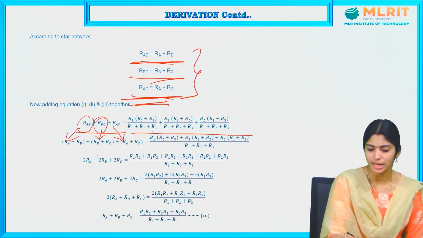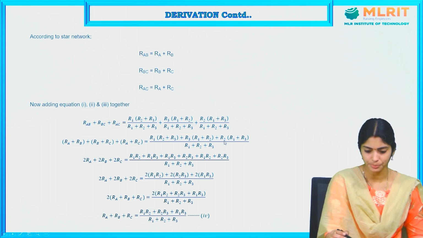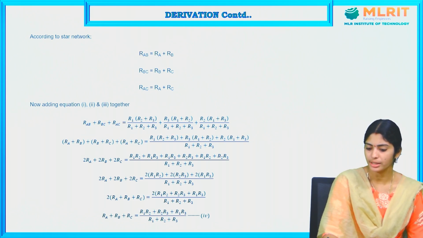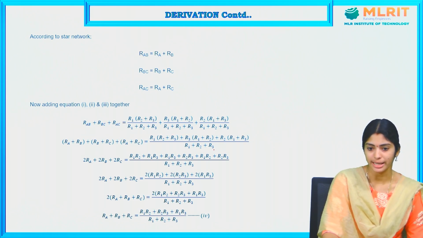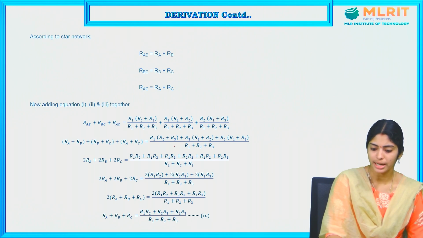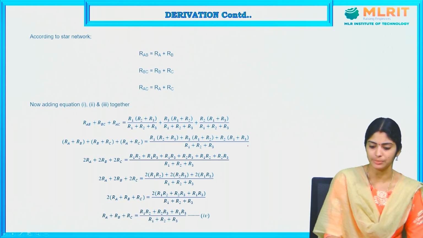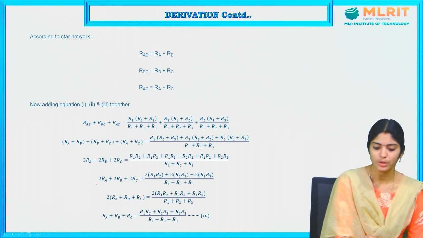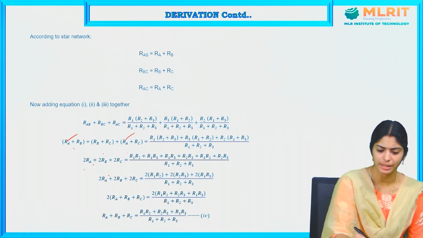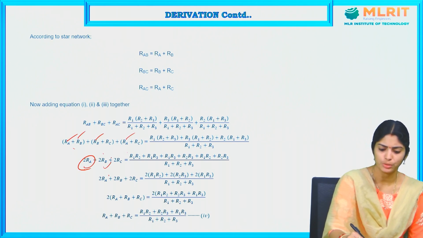R1 plus R2 plus R3 is common here, so I have taken it as the common denominator. So R1 of R2 plus R3, plus R3 of R1 plus R2, plus R2 of R1 plus R3. Now solving these values, RA and RA is 2 RA, RB and RB is 2 RB, RC and RC is 2 RC.